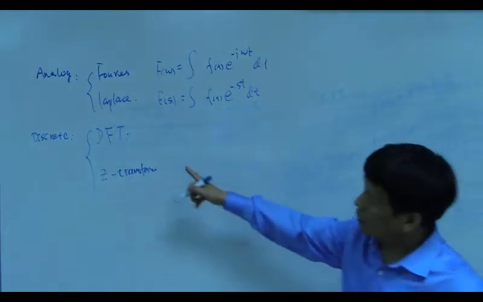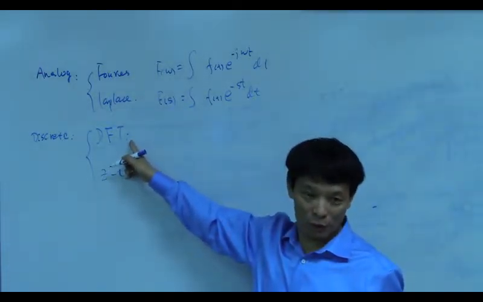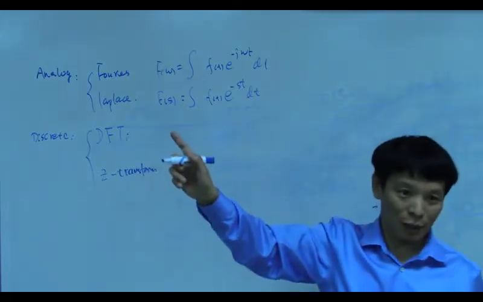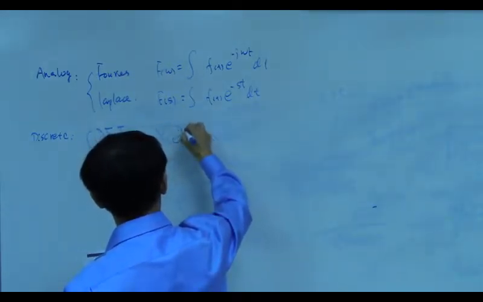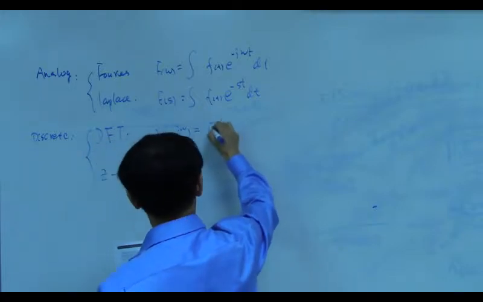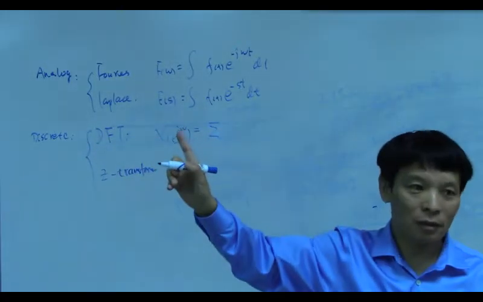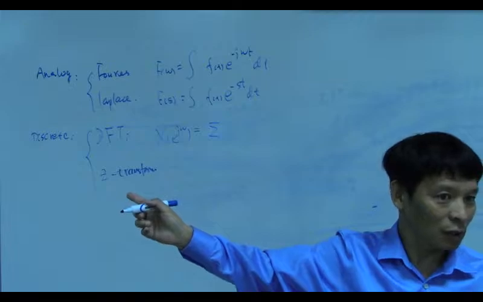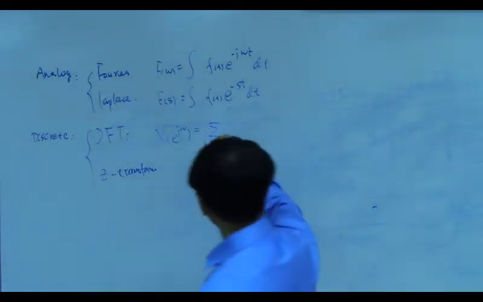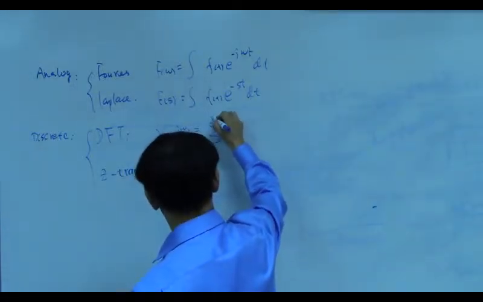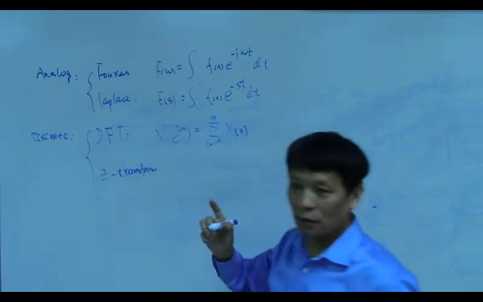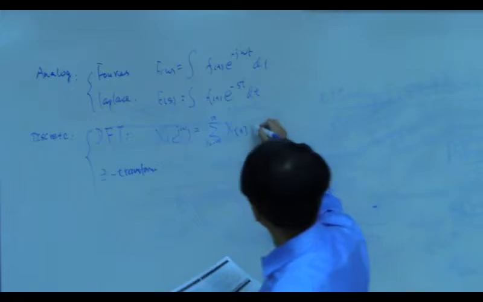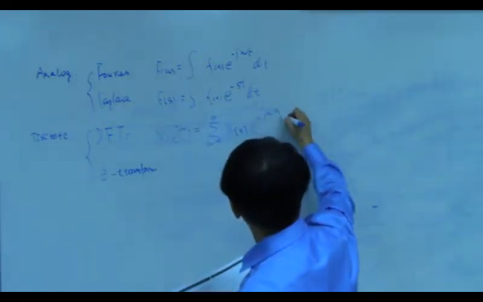So what is the discrete Fourier transform? Again, I need to list the definition. X(e to the j omega) equals the sum. We cannot do integration, right? Because this is discrete, we don't have an integration anymore. This is n from negative infinity to positive infinity of x[n], the input signal sequence, times e to the negative j omega n.